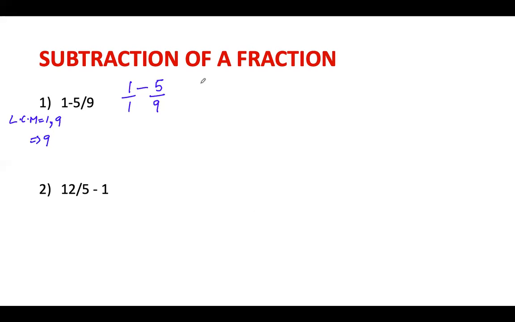So we know that 1/1 is equal to something over 9. How can we get 9 from 1? It is a multiple of 9: 1 times 9 is 9. Same for the numerator, because when we multiply the denominator and the numerator by the same number, we get an equivalent fraction, right? So now we get 9/9 subtract 5/9.